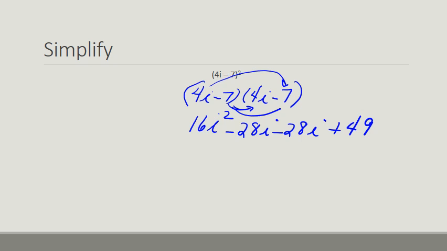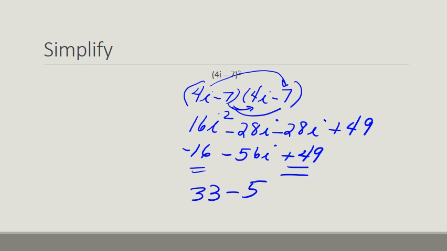If we simplify, 16i squared is -16, minus 56i, combining my like terms, plus 49. And then if I add -16 and 49, I'm going to get 33 minus 56i. All right.